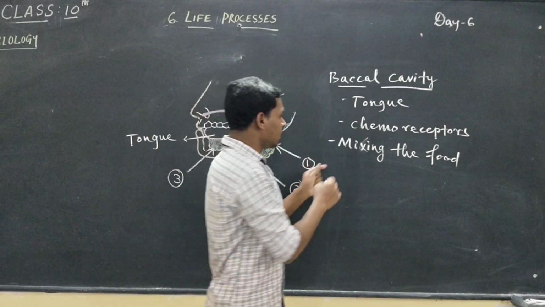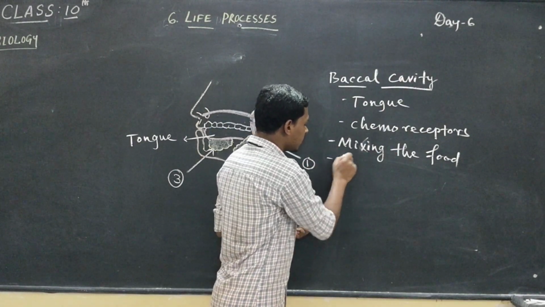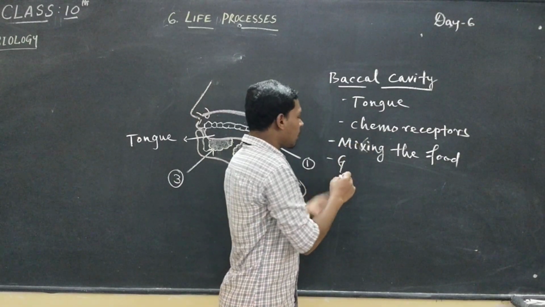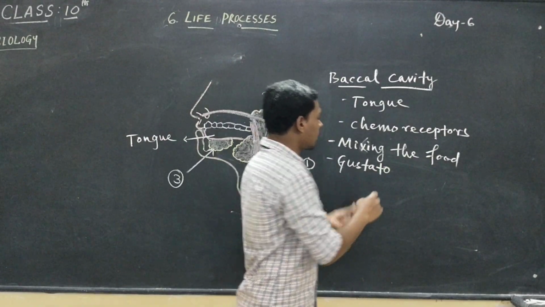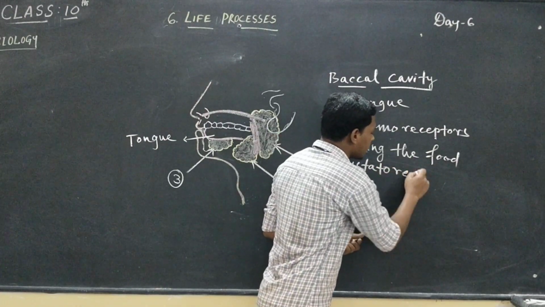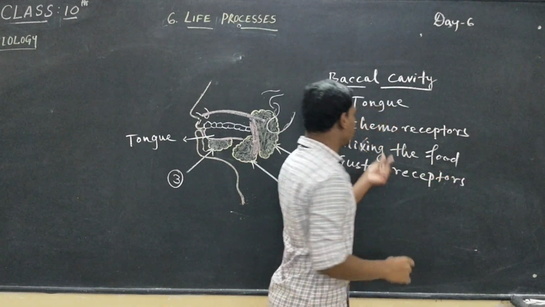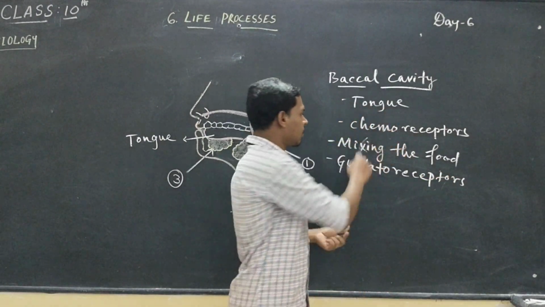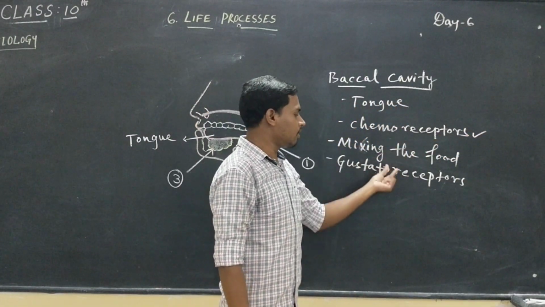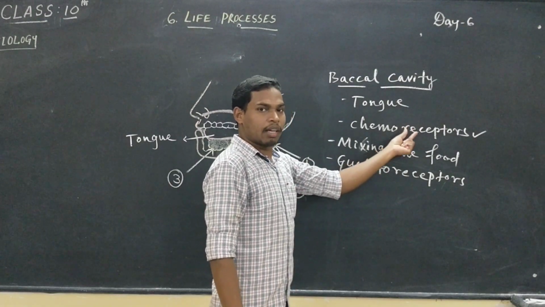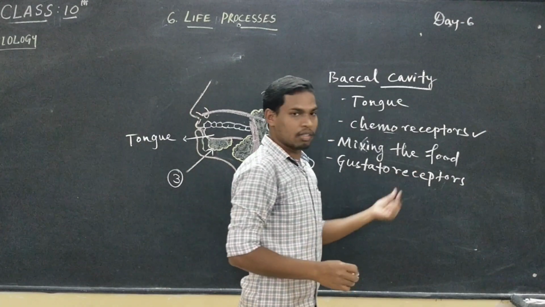Bolus. So it helps in mixing the food. The tongue also helps as gustatoreceptors, which means they are specialized in receiving the chemicals present in the food. That's why chemoreceptors or gustatoreceptors.